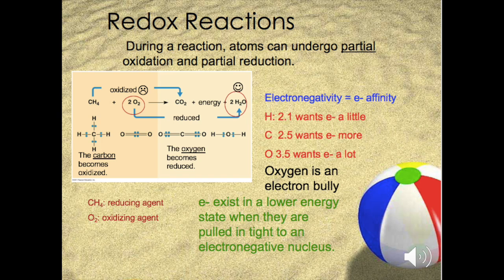So in this reaction, just like in the one for the ionic compound, we have a reducing agent and an oxidizing agent. Methane is the reducing agent because a reducing agent donates electrons, and in the case of organic compounds, it also tends to donate hydrogen atoms because the hydrogen atoms have a weak pull on electrons. So when they're donated, the electrons can more tightly link to the oxidizing agent, which is typically oxygen.